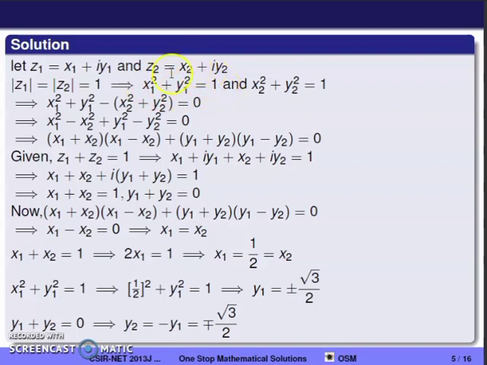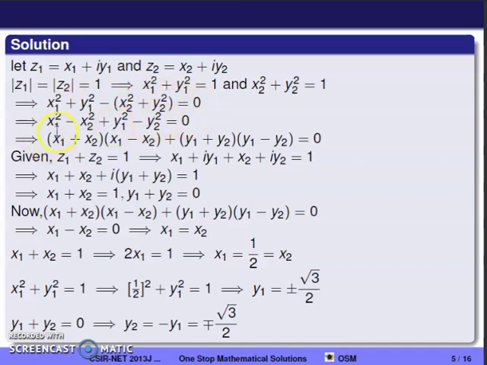Squaring both sides, we get x1 square plus y1 square equal to 1. Similarly, for mod Z2 equal to 1, we get x2 square plus y2 square equal to 1. We have mod Z1 equal to mod Z2, so I am subtracting these two equations. We get x1 square plus y1 square minus x2 square plus y2 square equal to 0.